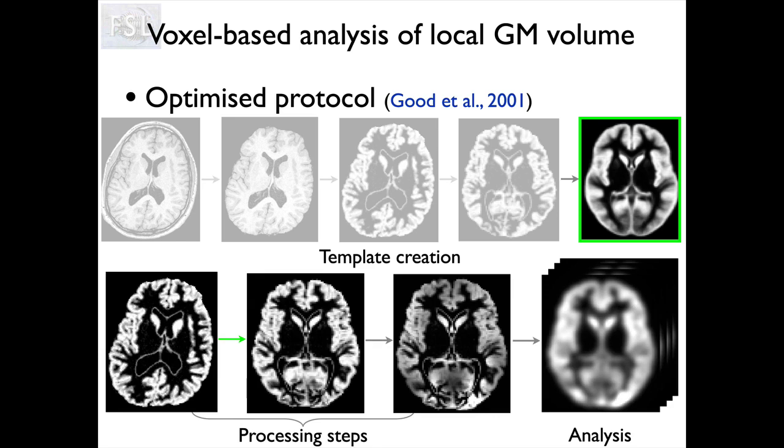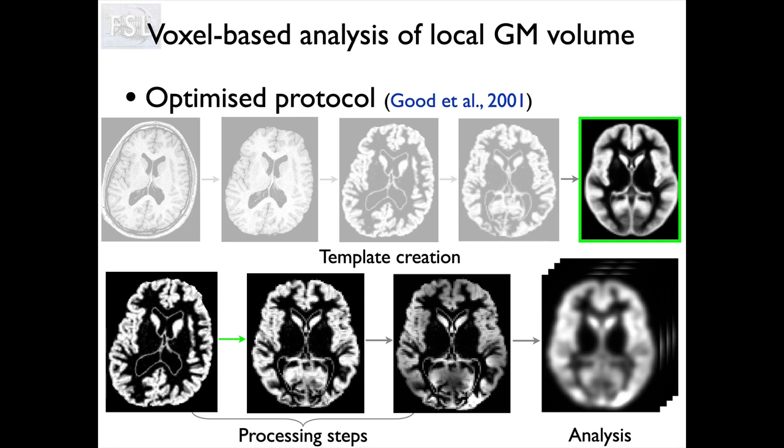Now you can see that the smoothing has got rid of some of the detail, and that's a step that you might wonder why we're doing. And that's actually a step which causes it to be harder to interpret, because unlike what we had before, where at each particular point we had a good location correspondence between the different individuals, we could say how much grey matter partial volume there was there.